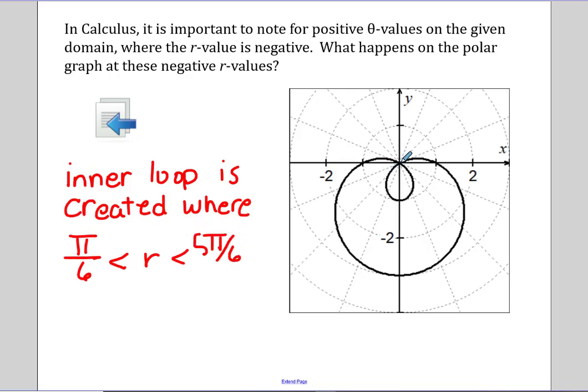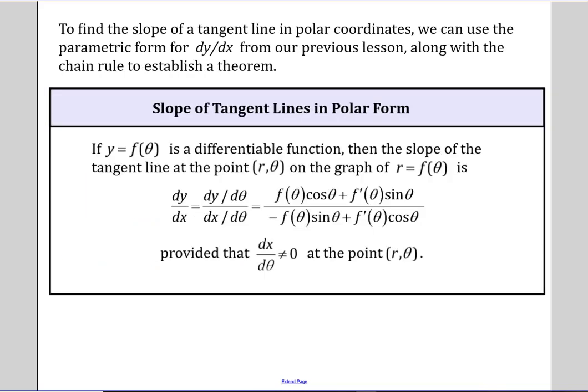So that's what created this bit of the loop here. So you can see pi over 6 here to 5 pi over 6. They started out going this way and then around based off that table information. So anytime you have a graphing utility, you can use that auxiliary graph as a clue to get key information for your polar graph.